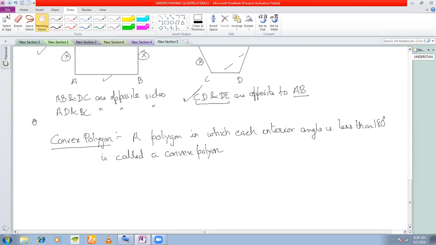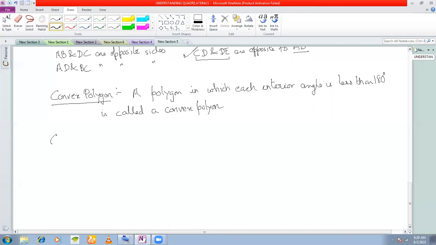I'll show you the figures, but let's first define a concave polygon, then I'll show you.